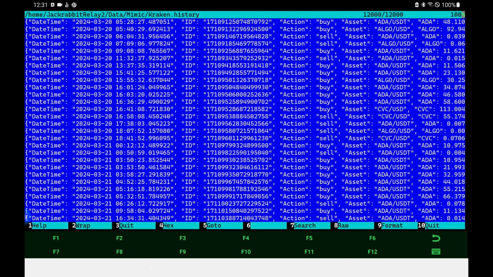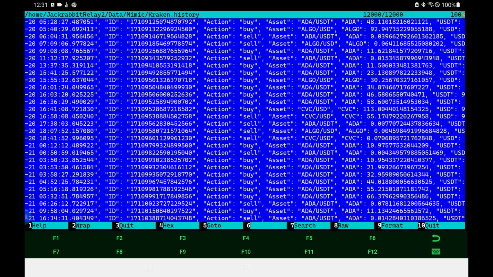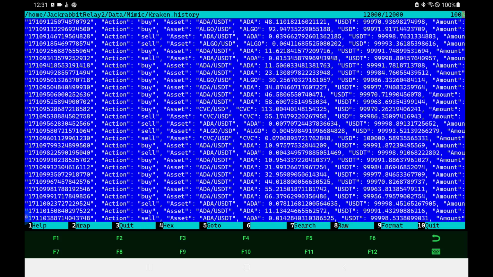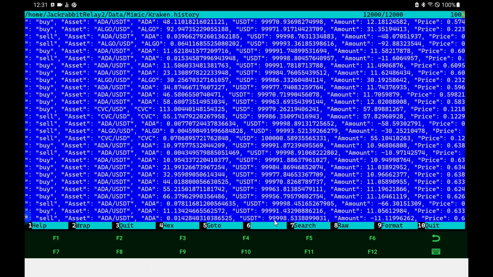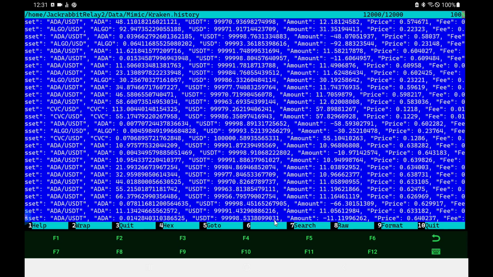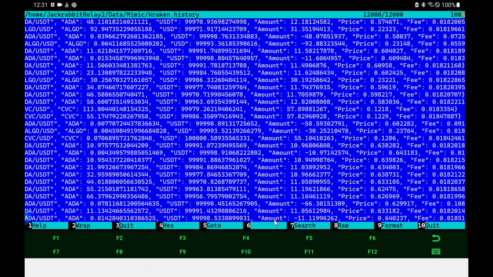And it does record all of those transactions, buys and sells. For example, we see the last line is a sell. And we see ADA 0.01 dust, the USDT wallet, the amount that I am removing from the wallet.